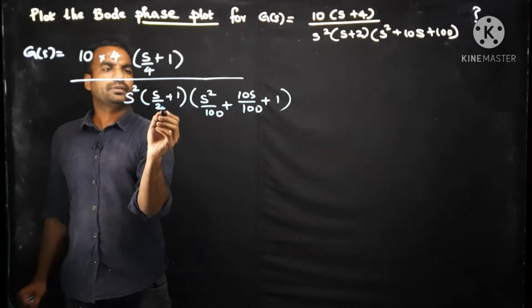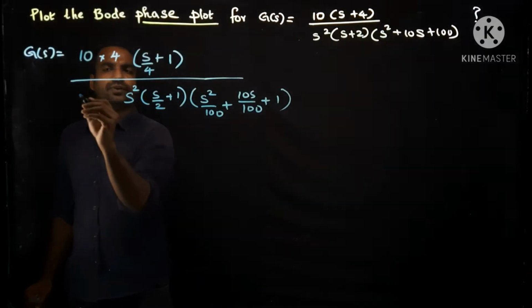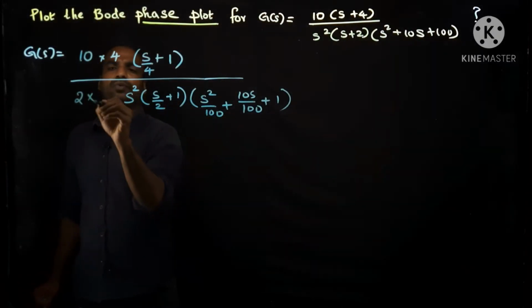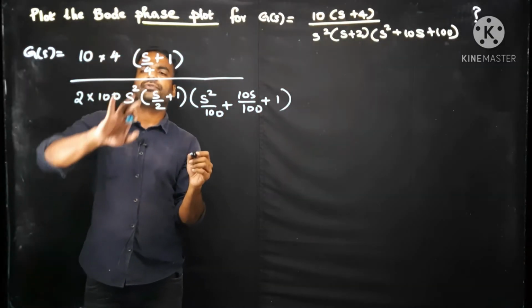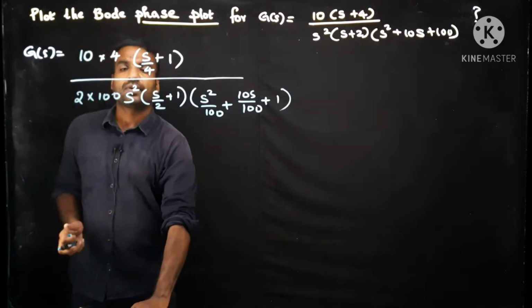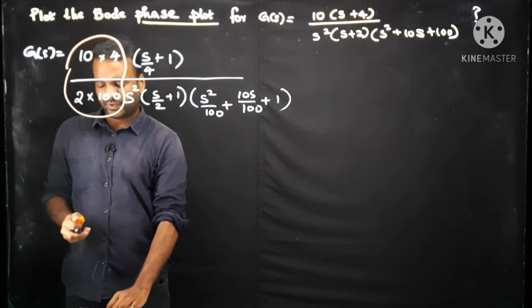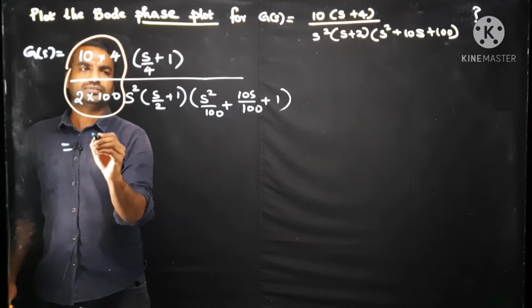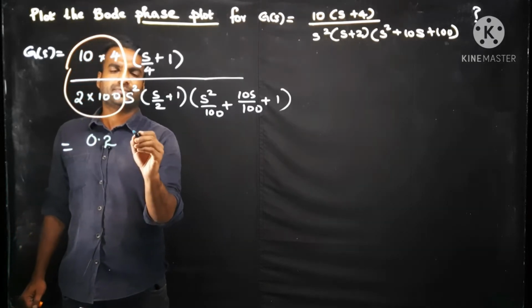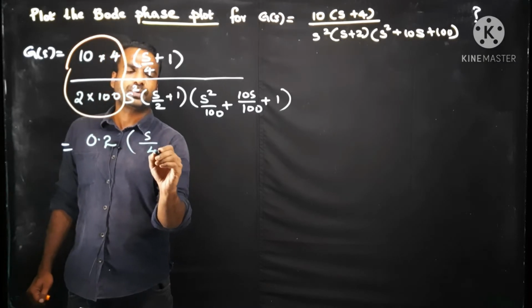As we are taking 2 outside, we have to mark 2 here, and now 100 is here. So, if we solve all the constant terms, we will get 0.2. This is already solved in the previous class. I was just trying to brush up these topics.